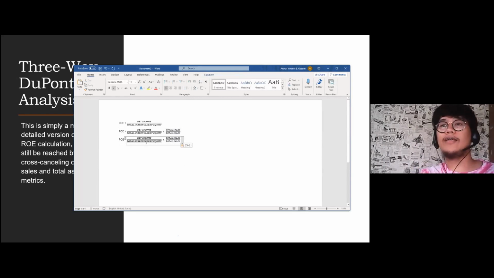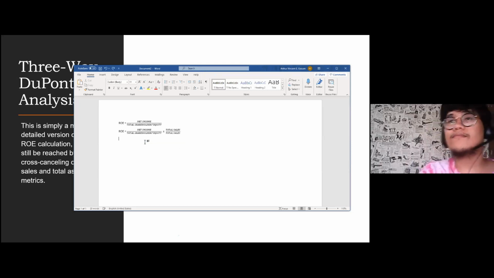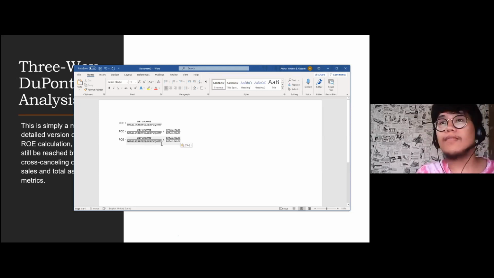So anong nangyari? Nag-cross multiply, parang nag-exchange. So ang nangyari dito is your net income over your total sales.